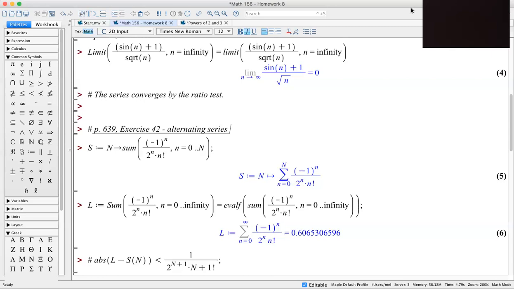How many terms do you need to have a partial sum which is within 0.001 of the limit? We're going to use a graphing utility to do that.